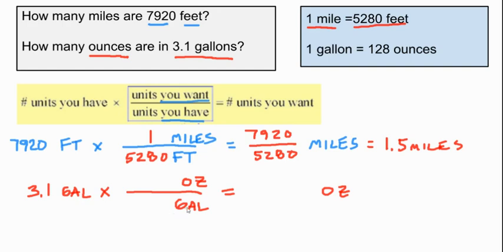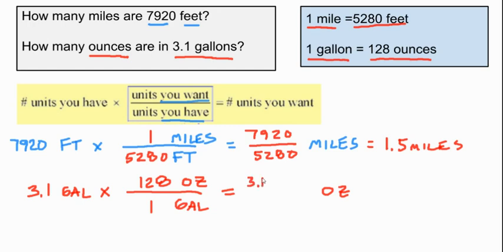Okay, so now we need to use our conversion factor. 1 gallon, so we're going to put the number 1 next to gallon, and we're going to put 128 next to ounces. Now, because the large number is at the top of the fraction, we're going to be multiplying across the top.